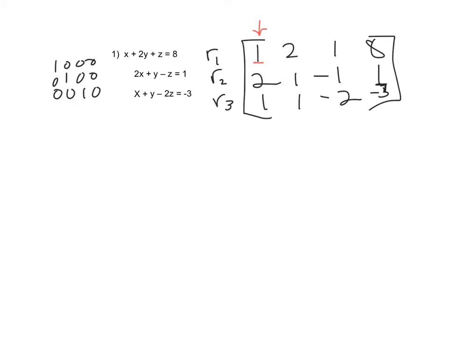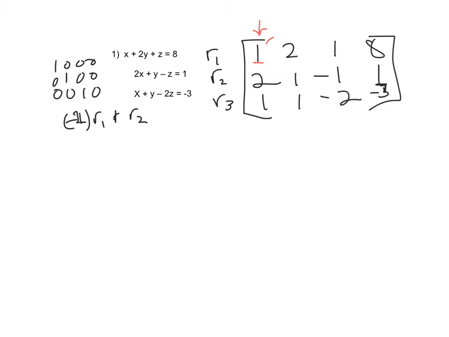So my first move is I'm going to do negative 1 times R1, and then I'm going to add it to R2. Okay, I'll just write it up above here and then I'll rewrite it. So I'm sorry, I want to multiply by negative 2, right? Yeah.